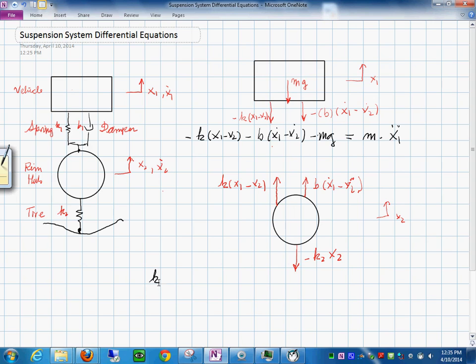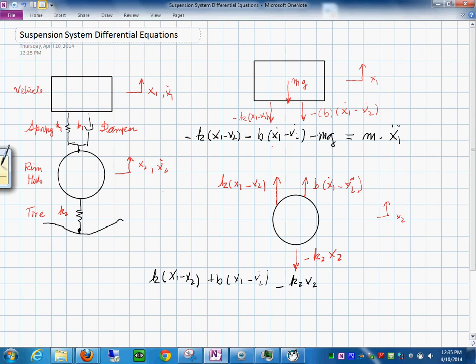Okay, this is the second equation. You're going to have k times x1 minus x sub 2, and then plus b times x1 dot minus x2 dot, and now this is minus k sub 2 times x sub 2.